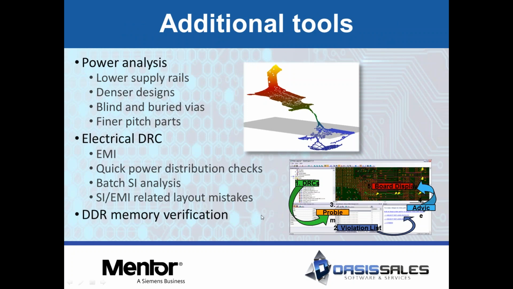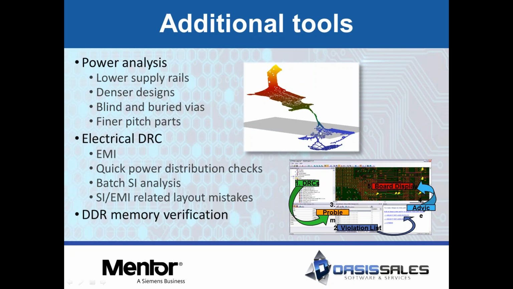Some additional products out there are available as well. For things like I mentioned, the power planes are starting to become a bigger and bigger issue. Mentor Graphics has a power plane analysis application for looking at DC drop in your planes as boards get smaller and smaller and you're using denser parts. The amount of copper that goes into the center of BGAs or to these small devices is a lot less than you think.